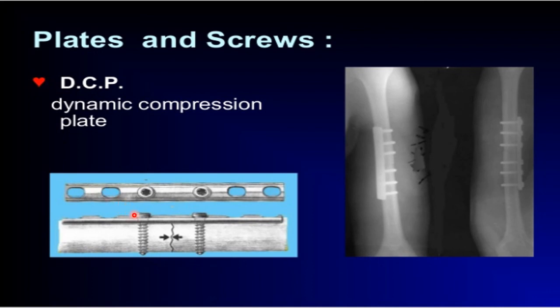Dynamic compression plates have specialized oval beveled holes in the bones, and when you tighten the screws, the two ends are compressed together. These are dynamic compression plates, and here you see them applied on a humerus.